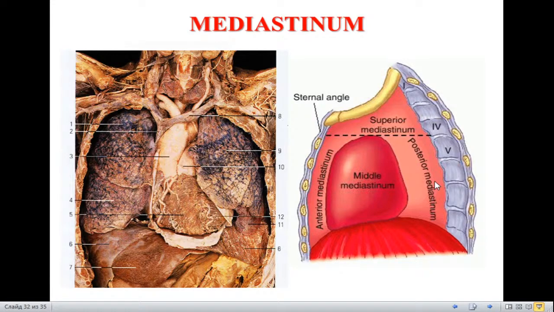In the superior mediastinum we can see the thymus, arch of aorta and its vessels, vagus nerve, phrenic nerve, sympathetic trunk, thoracic duct, and cervical portion of the esophagus.